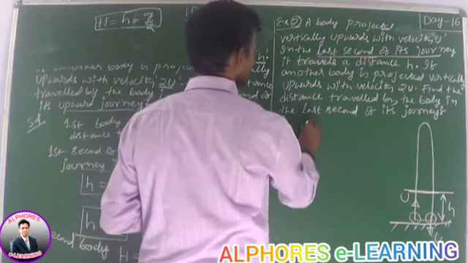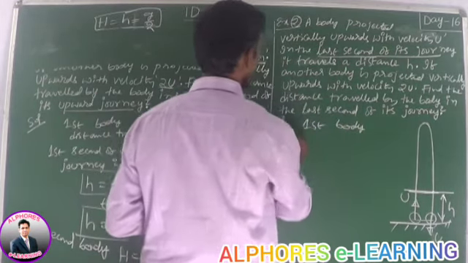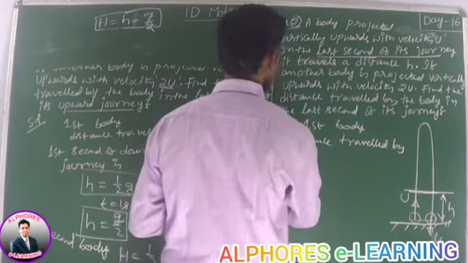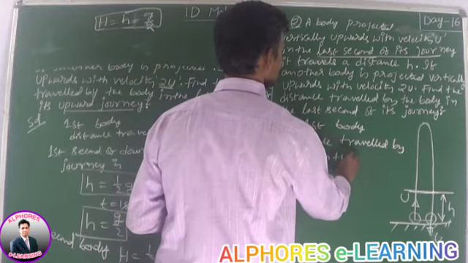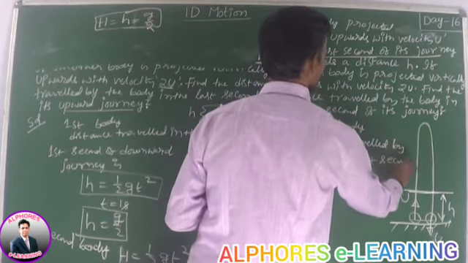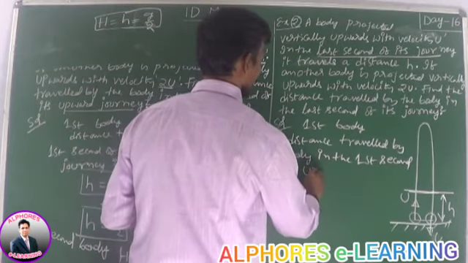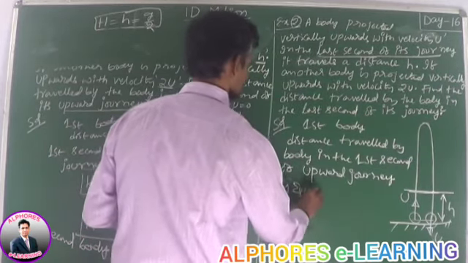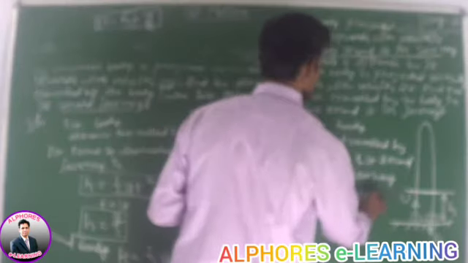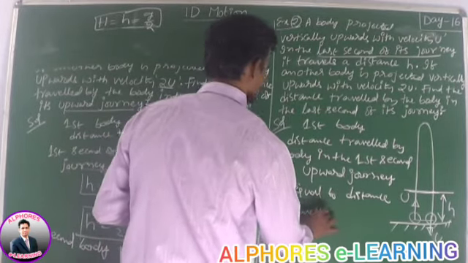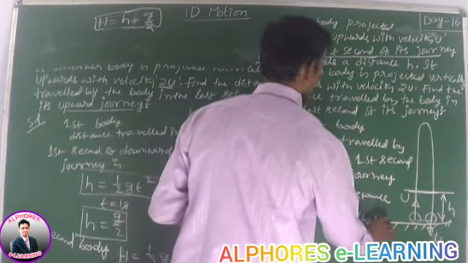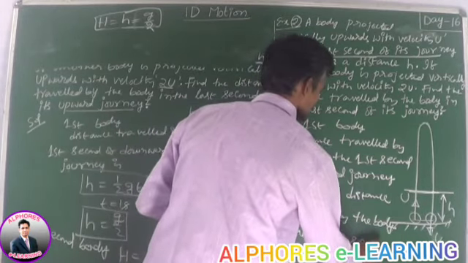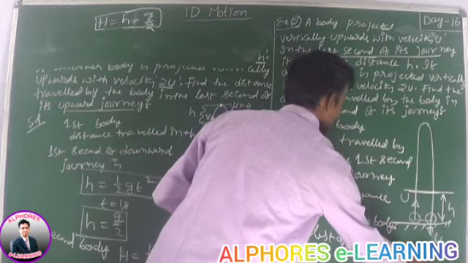So for the first body, the distance travelled by the body in the first second of upward journey is equal to the distance travelled by the body in the last second of its journey.